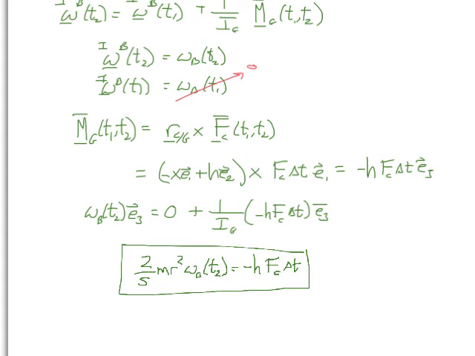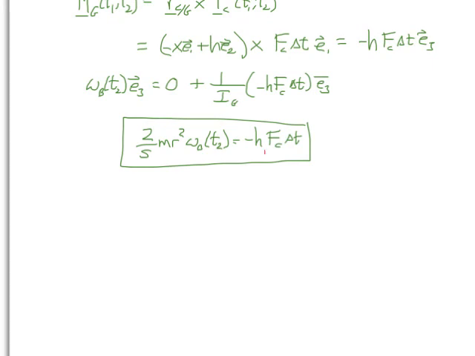We combine that with our impulse momentum relationship that's translational, and then we'll be able to solve for the height above the center of mass that we need to apply the cue stick to make it roll. So we have an expression from our linear terms for f sub c delta t, and when we substitute this in, we get 2/5 m r squared omega b at time 2 is equal to h multiplied times negative m r omega b at time 2.